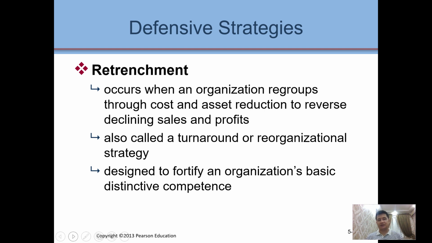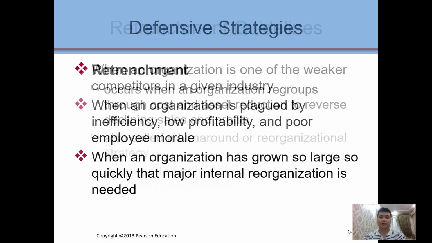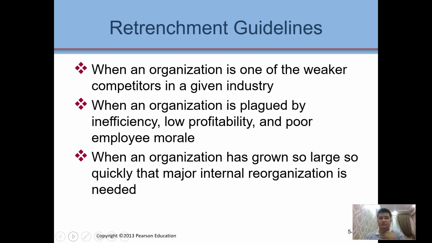Retrenchment is designed to fortify an organization's basic distinctive competence too. Retrenchment guidelines include when an organization is one of the weaker competitors in a given industry, when an organization is plagued by inefficiencies, low profitability, and poor employee morale, and when an organization has grown so large so quickly that major internal reorganization is needed.